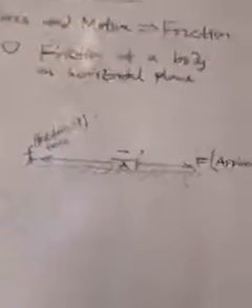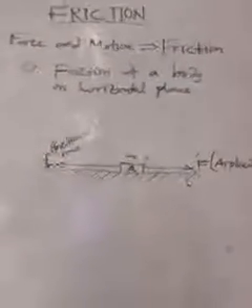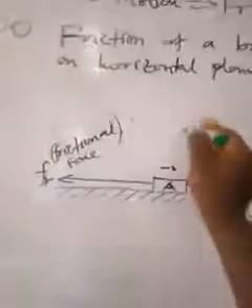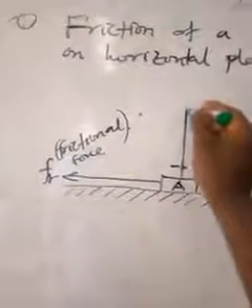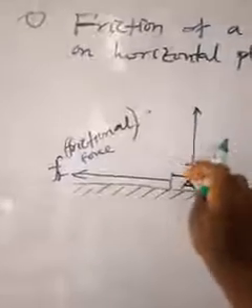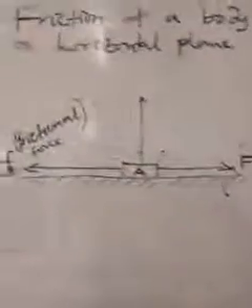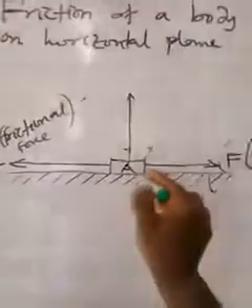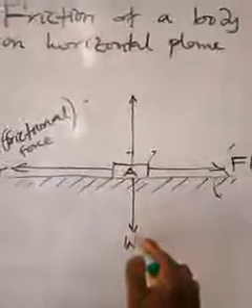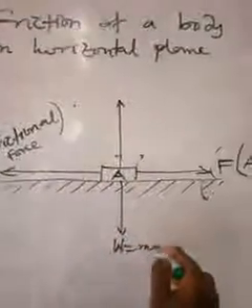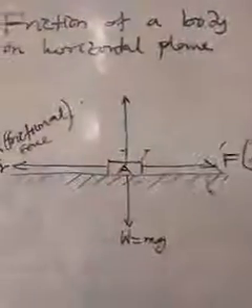Now, from the law of gravity, when a body is on the horizontal floor like this, there are two forces that are acting on that body. Number one, the weight of this body A, which is mg, mass multiplied by acceleration due to gravity.